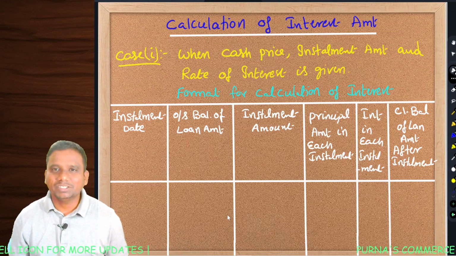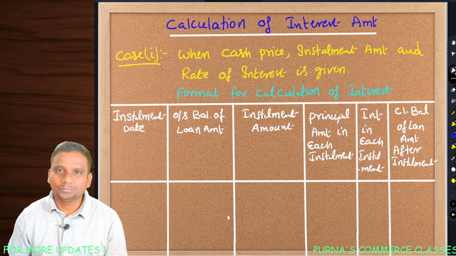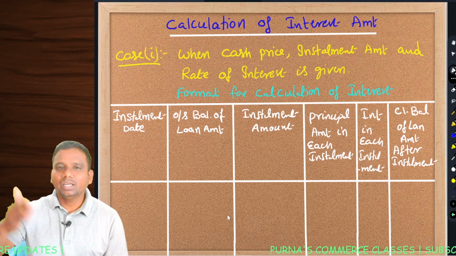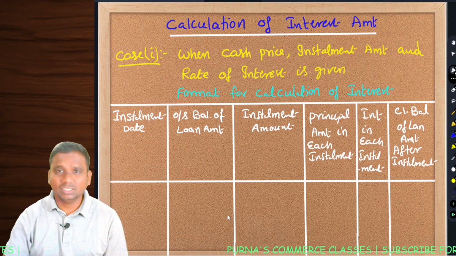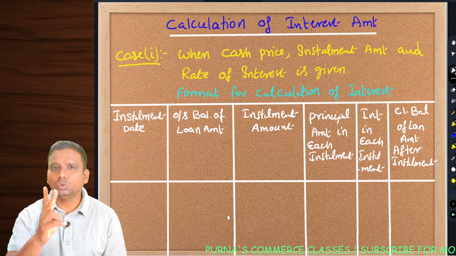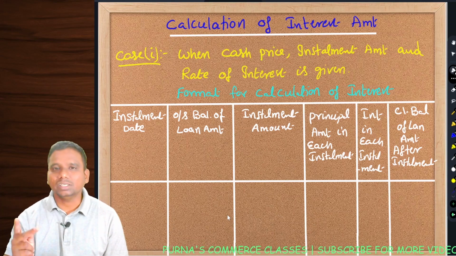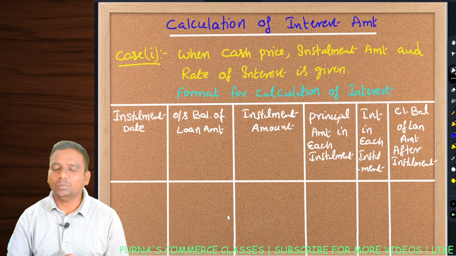But in the examination problems, they will not give you these ready-made tables. In the examination problems, to give the accounting treatment in the books of the hire purchaser, you need basically two important amounts. One is cash price, another one is interest amount. These two are very important.